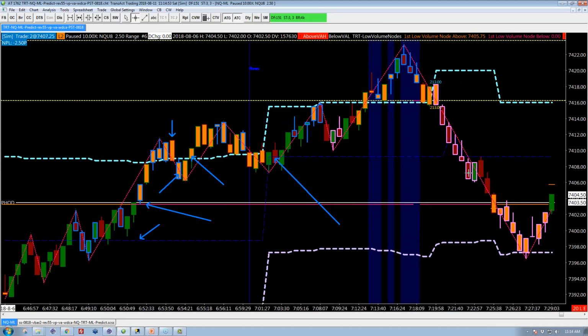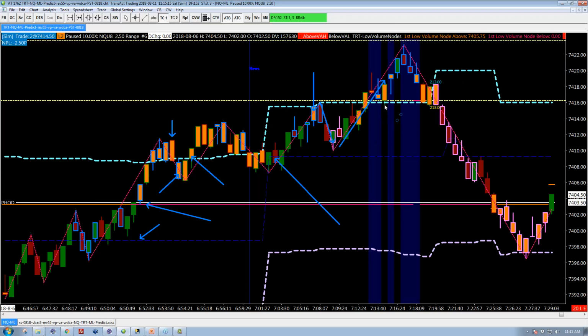Let's continue here. Here again, we very briefly get far enough away from the point of control and close enough to the value area high to make predictions possible, but we bounce back in and just can't do it. Here we get far enough away, so now we can go.